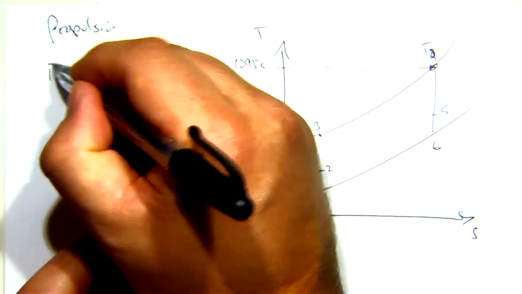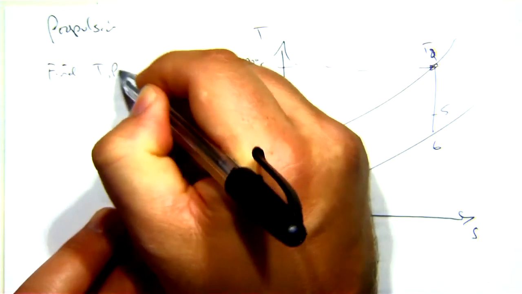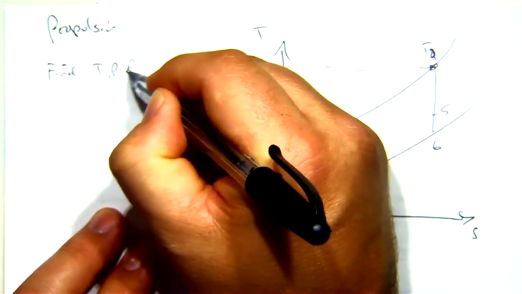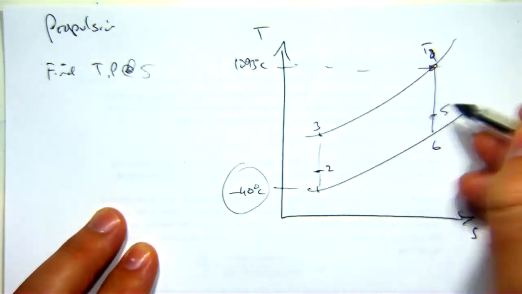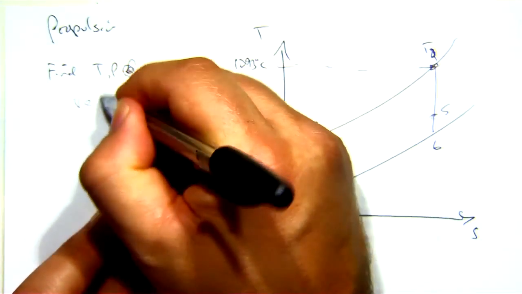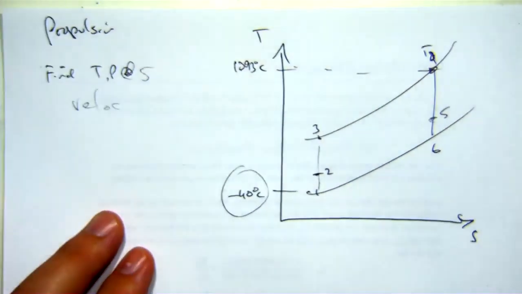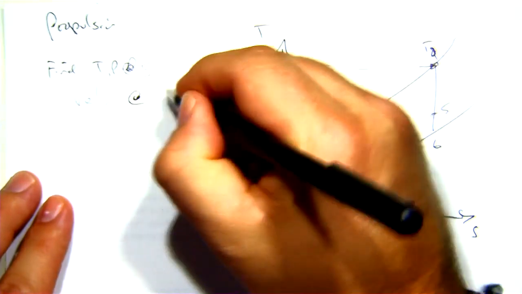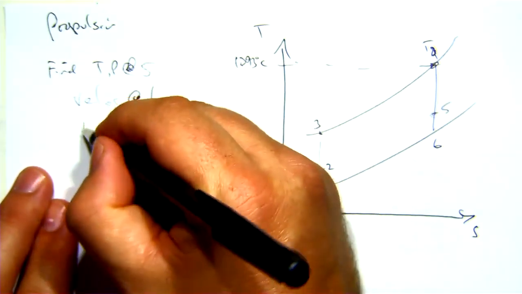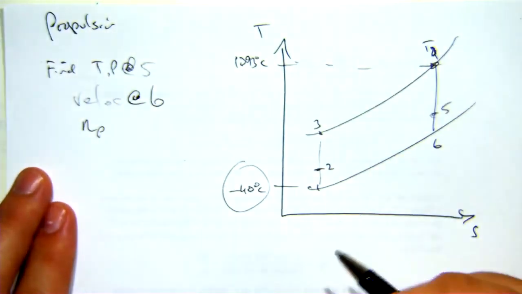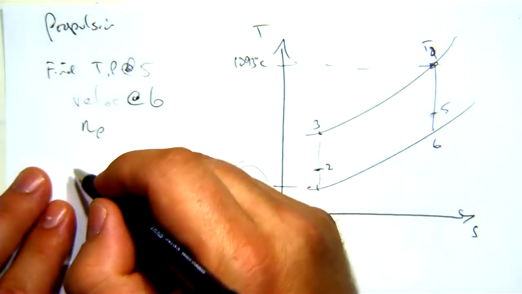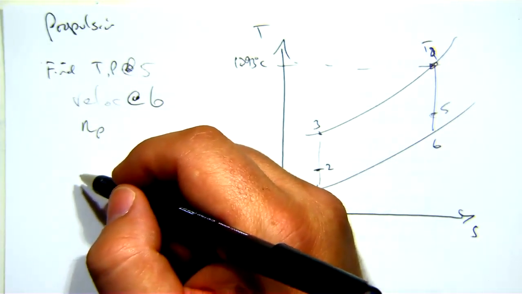And it says find Tp at 5, here at the end of the turbine, velocity at 6, and propulsion efficiency because all the data is given. I know I won't get that far, so let's see how far we can get.